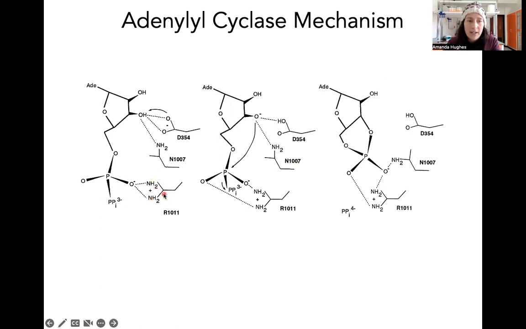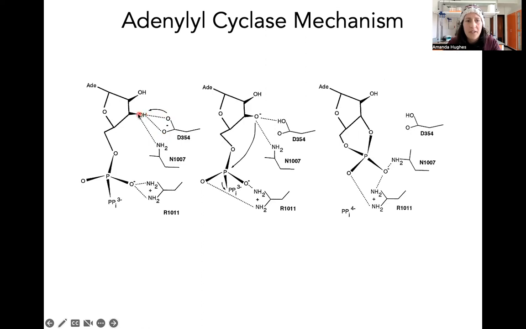We have an arginine right here, arginine 1011, that is forming an electrostatic interaction with the closest phosphate. That's the one that's eventually going to come around and cyclize. And then we have an aspartic acid and asparagine coordinating that alcohol that we're also going to be playing some chemistry on.